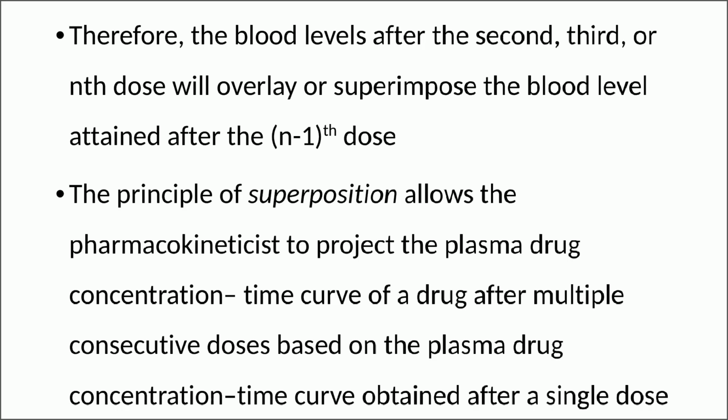So on paper we are supposed to prepare a graph of plasma drug concentration versus time, and once we get values where the plasma drug concentration is below the minimum effective concentration, then only we can design or prescribe the next dose to the patient.